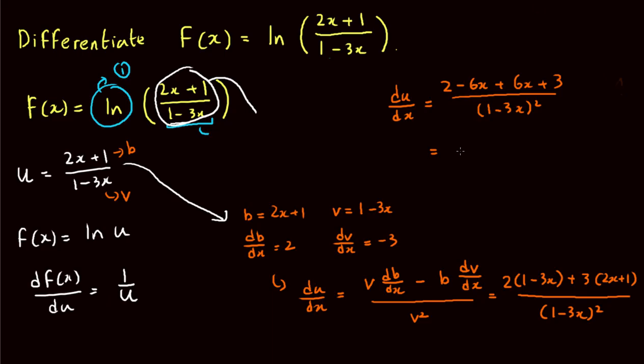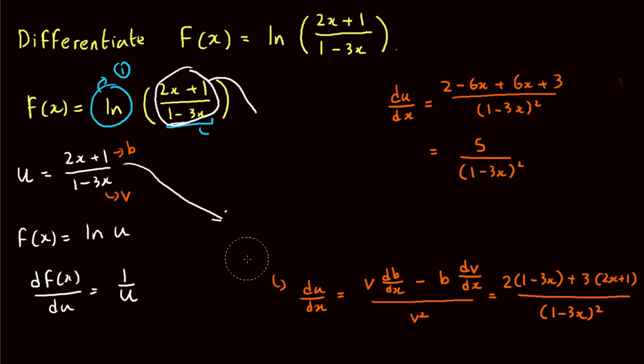So 6x and minus 6x will cancel, leaving us with 5 over (1 - 3x) squared.